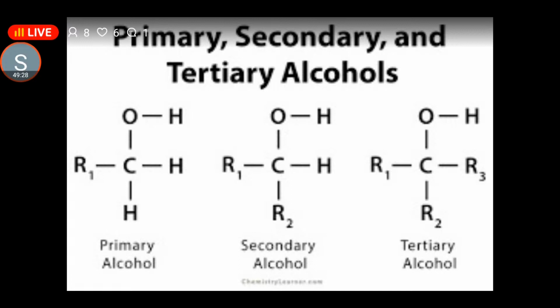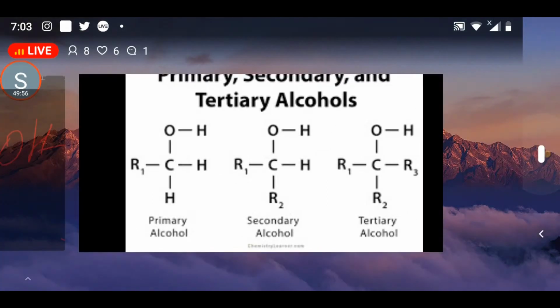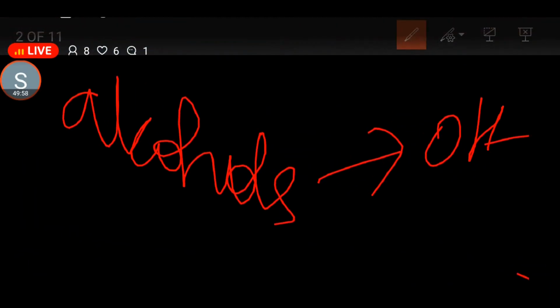If the OH is attached to the tertiary carbon atom, then it is called tertiary alcohol. I'll repeat again. If the OH group is attached to a primary carbon atom, it is called primary alcohol. If it is attached to a secondary carbon atom, it is called secondary alcohol. If it is attached to a tertiary carbon atom, it is called tertiary alcohol. Now we will go back to our board. That was the thing I wanted to explain to you.